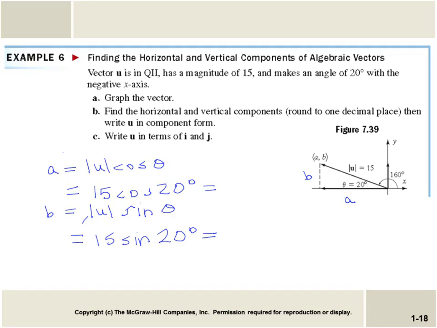So cosine is, let's just say, 6.1 and negative 14.2. Oh, wait. I think you got that backwards, Luis, because the cosine should be bigger than sine, because it's only 20 degrees.